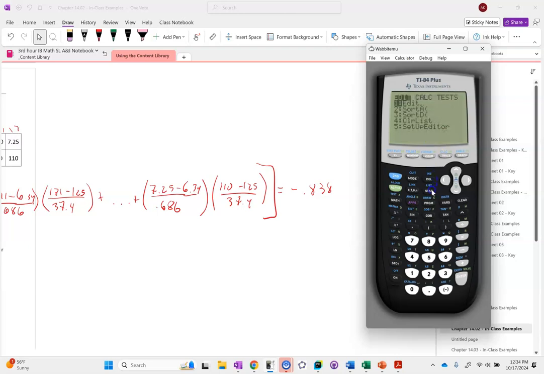Or if I wanted to do this with a list, so I'll make a new category here, call it A. In A, I'm going to do L5 minus vars statistics x mean divided by vars statistics standard deviation for x. Populate that guy.